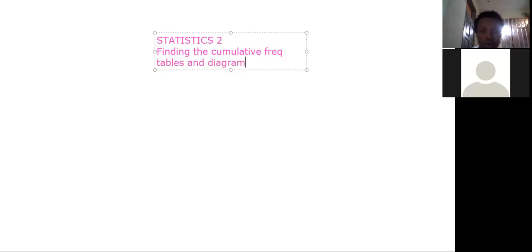A cumulative frequency table can be made from a frequency table.